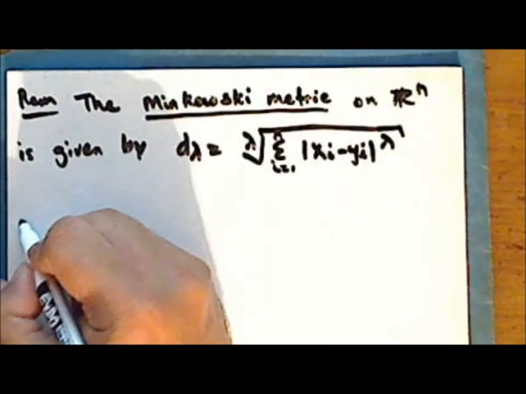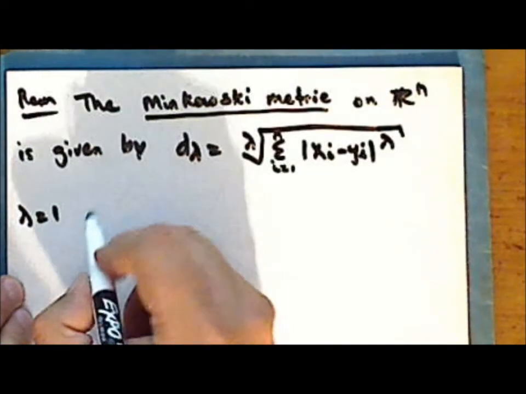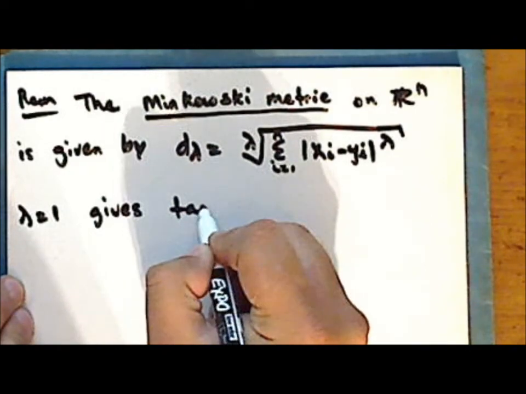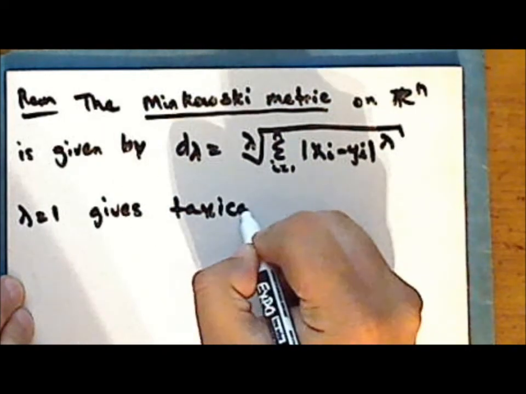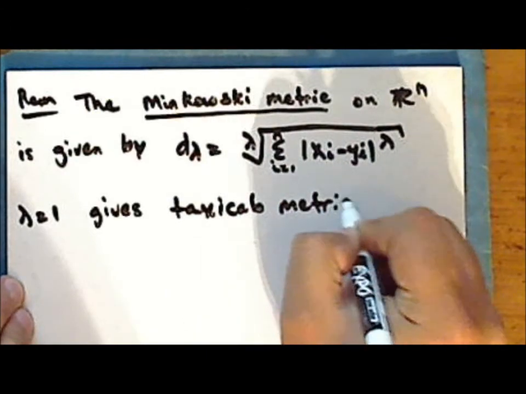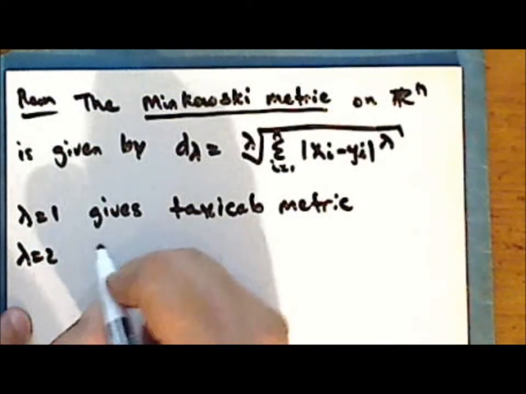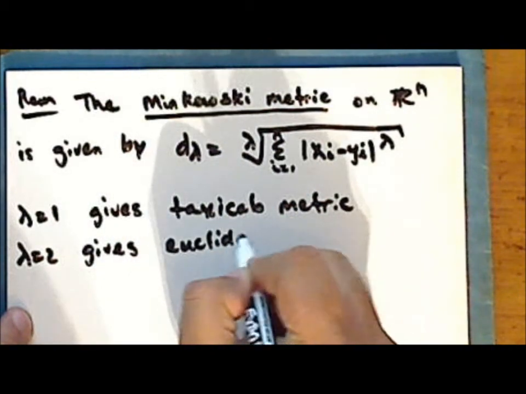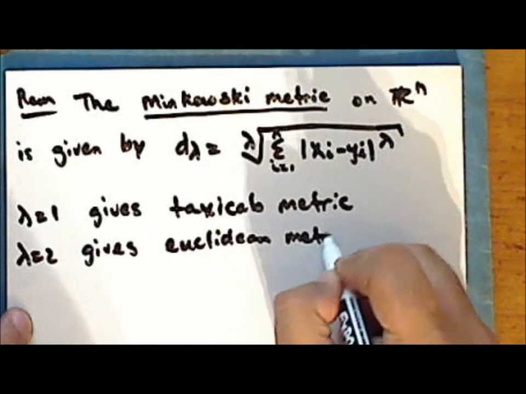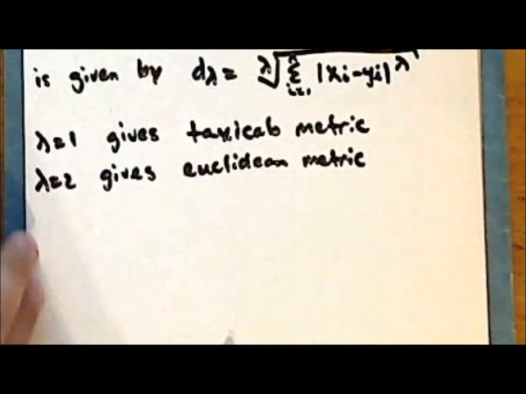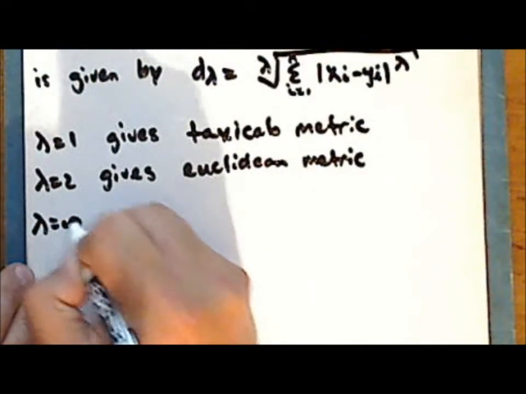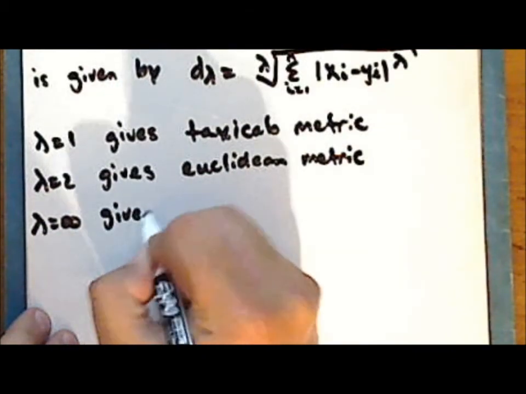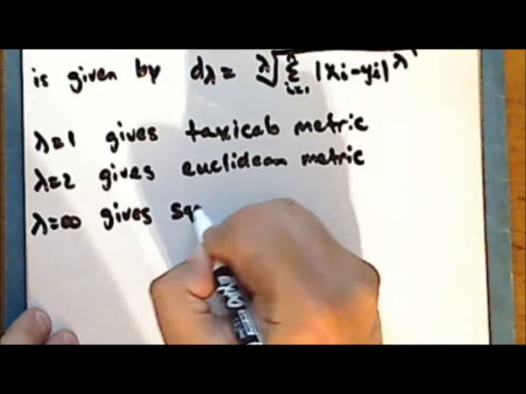So notice that if lambda is 1, then this gives the taxicab metric. If lambda is 2, then this gives the Euclidean metric. And if lambda is infinity, and here we mean limiting value, then this gives the square metric.